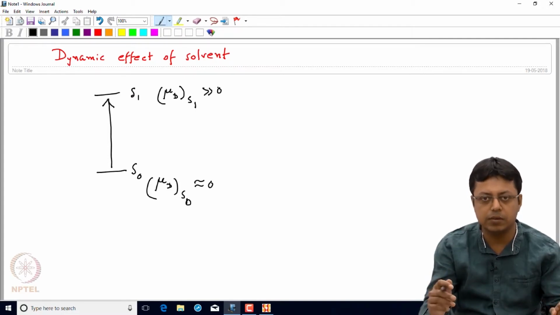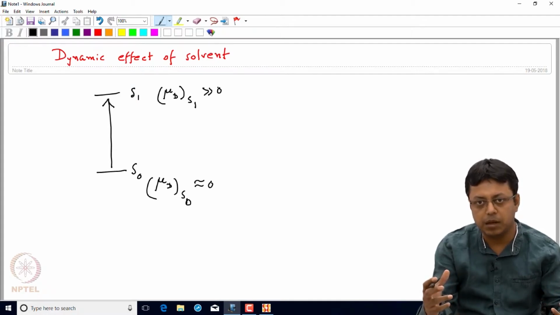It is not exactly the Franck-Condon principle; this is an ansatz that we use in many cases, but the point here is that vibrational degrees of freedom are kind of frozen during the electronic transition. All of a sudden, the molecule which we are exciting optically by shining visible or ultraviolet light creates an excited state permanent dipole moment, and then the solvent molecules around it try to reorient due to this newly created dipole.